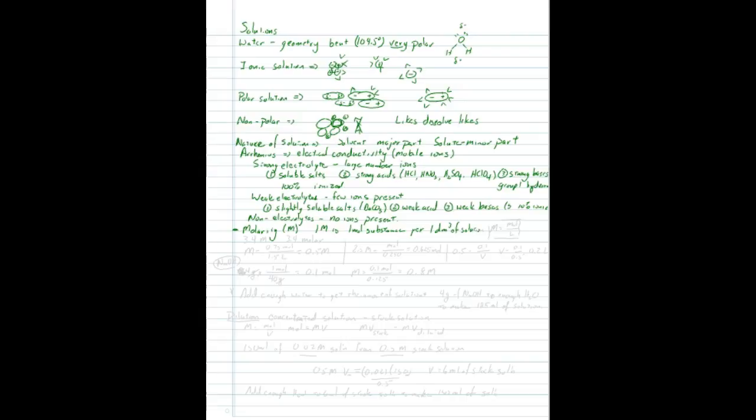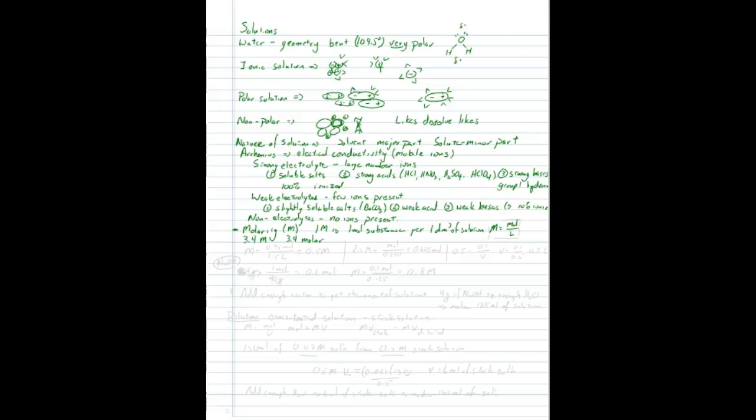The solution is important, we're going to talk about that later. Molarity equals moles divided by liters. If you have a 3.4 molar solution, M is the abbreviation for molarity, and it's read 3.4 molar.